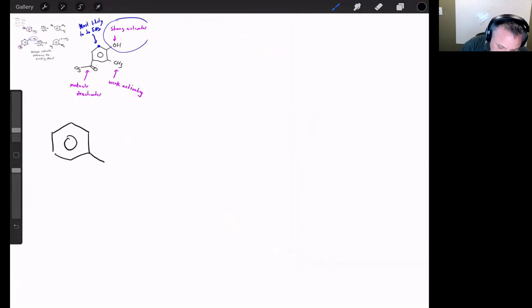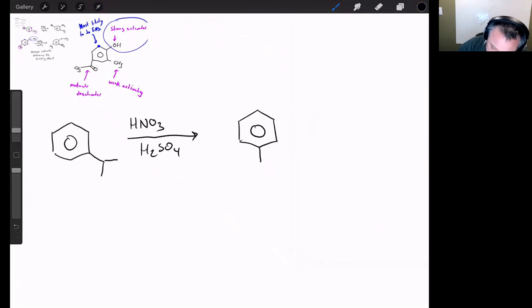Steric effects definitely play a role in directing. So if I take a bulky group like isopropyl and I do a nitration with it, there are two possibilities. I'm going to move the nitro group, I'm going to move the isopropyl down.